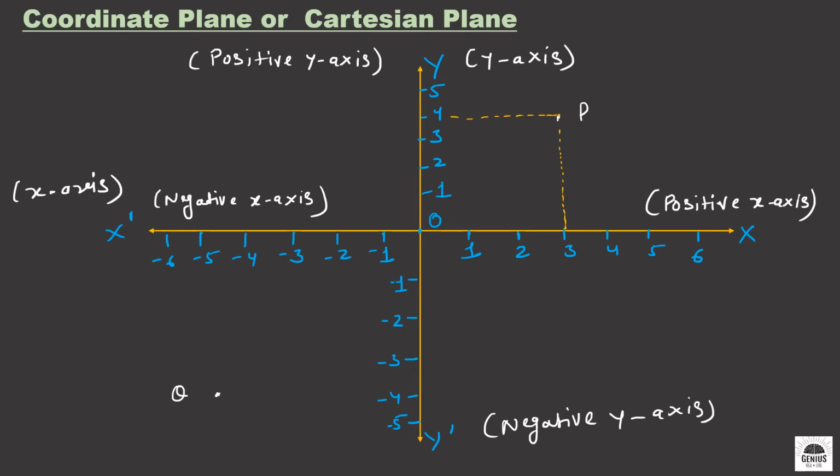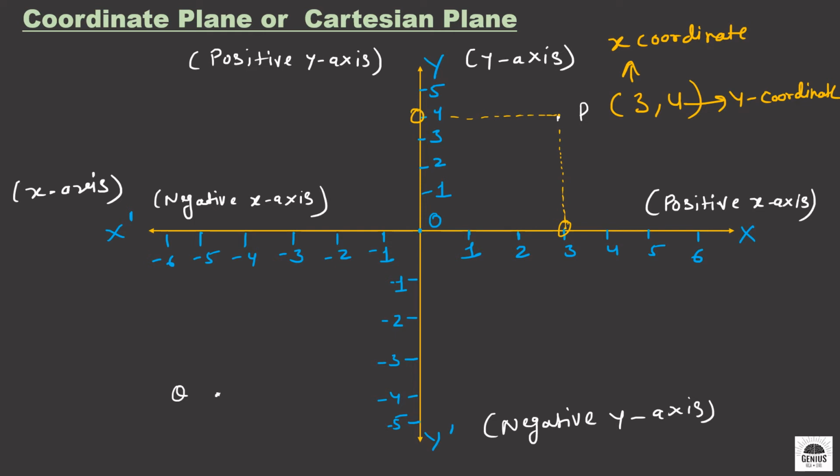So the coordinates of P are 3, 4. While writing the coordinates of a point, we write first the x coordinate and then the y coordinate. So here the x coordinate is 3 and the y coordinate is 4. So we will write it as 3, 4.